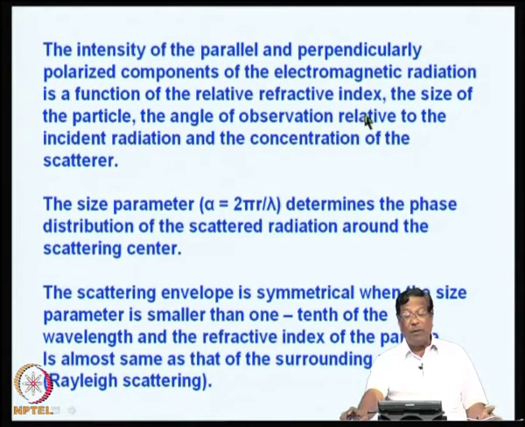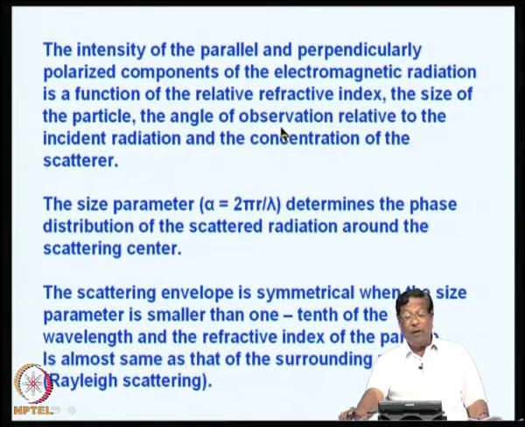So, it also depends upon the size of the particle and the angle of observation. Sometimes you may like to observe the outcoming radiation in the same axis as the incoming radiation, that means in the same direction. Sometimes you may like to observe it in the perpendicular direction also.